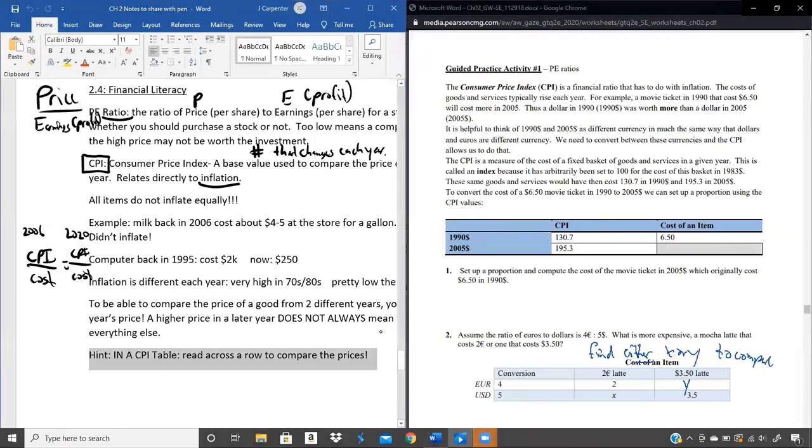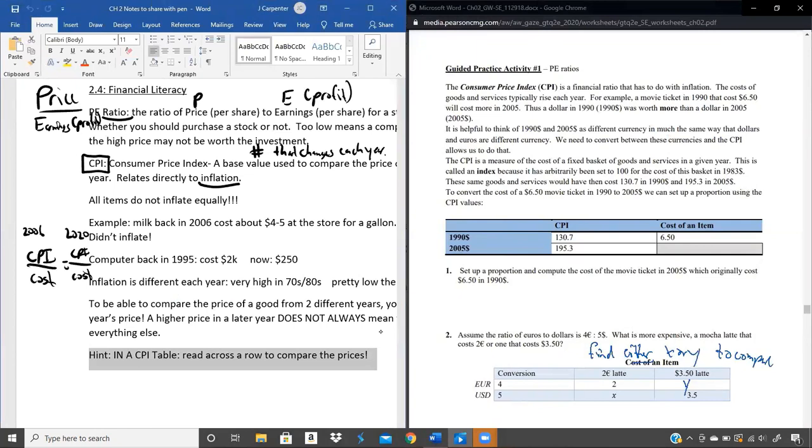So they asked us to convert the 2 euro latte to the American dollar. And then we're going to compare the price converted to the actual US latte. So this is like Starbucks in Europe versus Starbucks in America. In Starbucks in Europe, you're paying €2. Starbucks in America, you're paying $3.50.